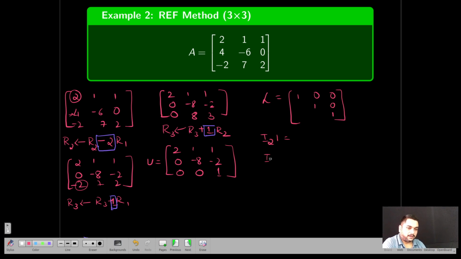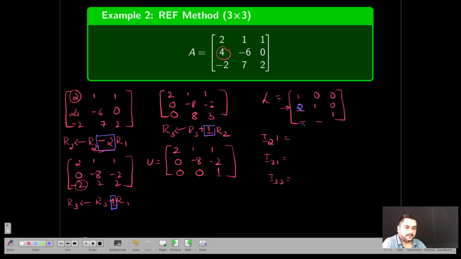I have to find I31, and then I have to find I32. How did I reduce this element to 0? How did I make 4 to 0? Using this, minus 2. So when you write here, make it plus 2. Only change the sign. So it becomes 2.